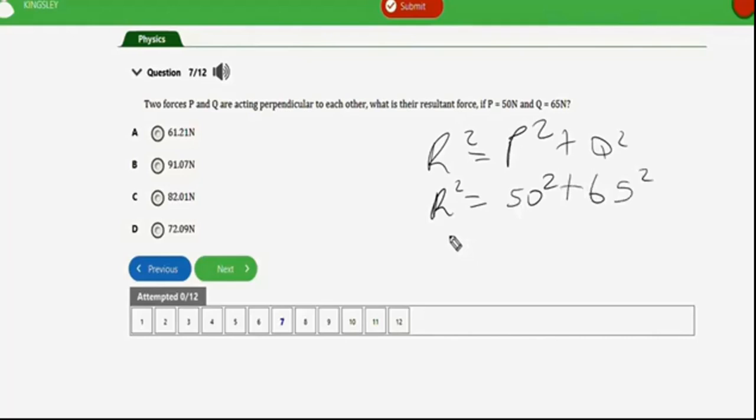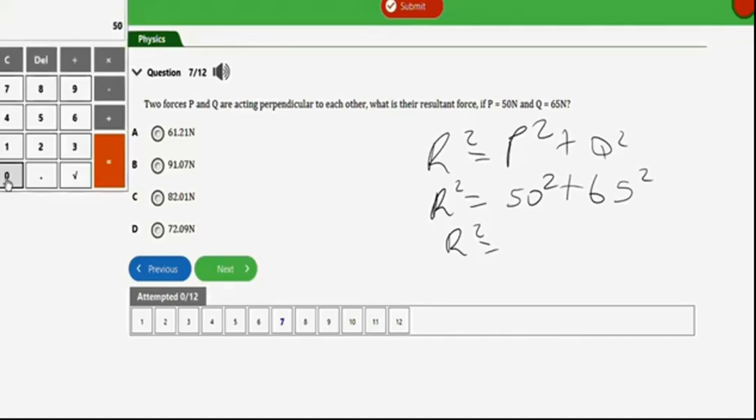Alright, so let's simplify 50 square on the calculator. 50 square is the same thing as 50 times 50, which gives us 2500. So we have 2500 plus, let's simplify 65 square, that's 65 times 65.